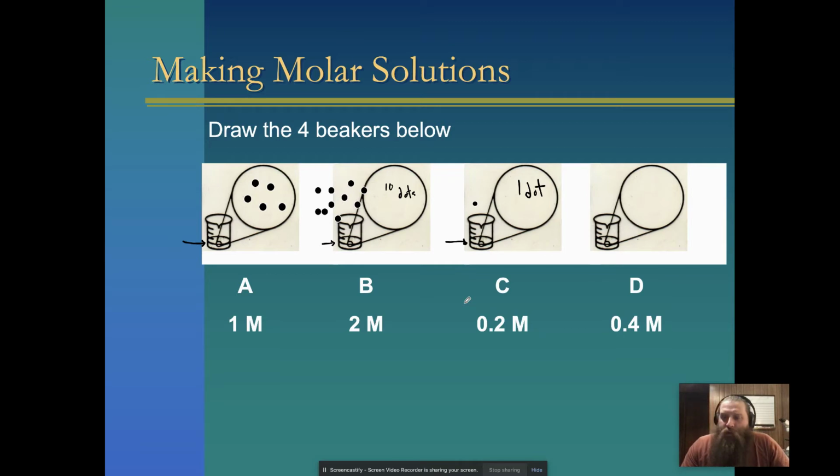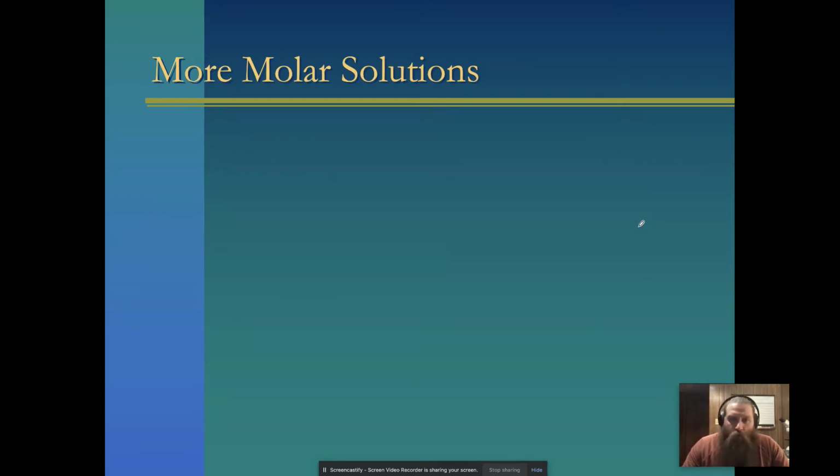So how many dots would I have? Hopefully this one is jumping off the page at you. If 0.2 is 1, then we should have 2 dots here, okay? And that's what molarity is. It tells us how much solute is in a given volume of our solution.